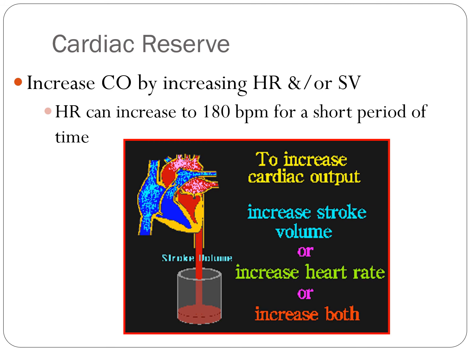The heart rate can increase to 180 beats per minute for a short period of time. Okay, so yes, the heart rate can increase to improve cardiac output, but only to a certain point. Like here they tell you 180 beats per minute.